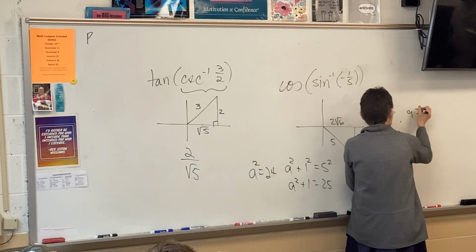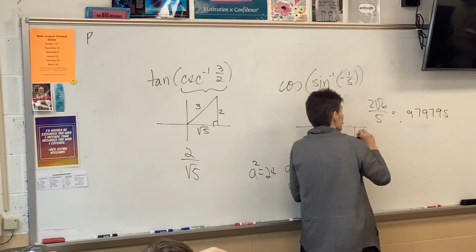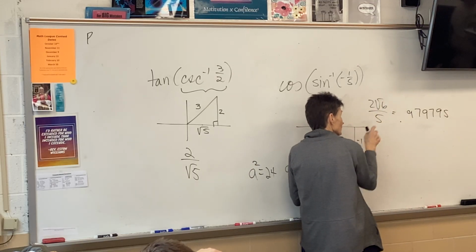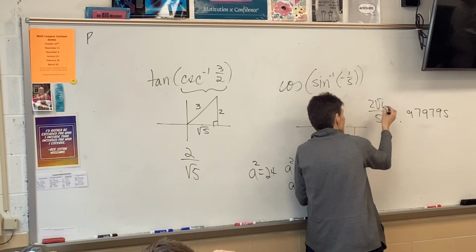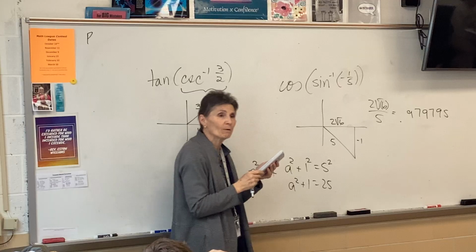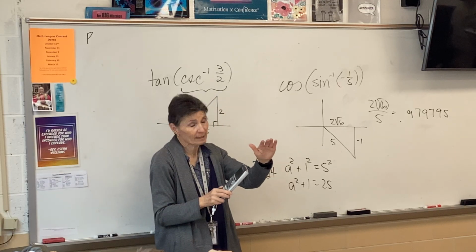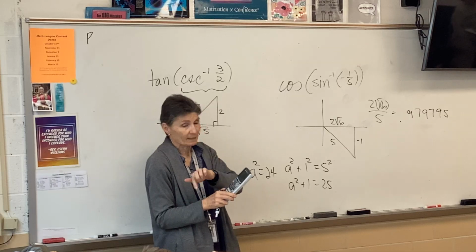That's 0.979795. Now, be careful when you type that in. If you didn't get that number, you probably forgot to close the parentheses around the 6. Your calculator automatically puts those in, but you have to physically close them.